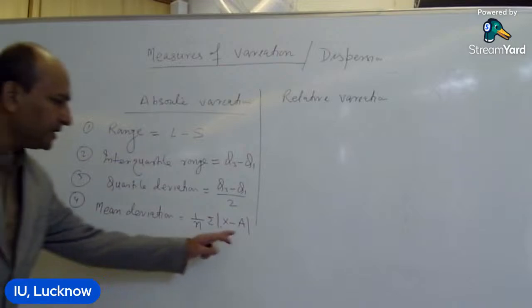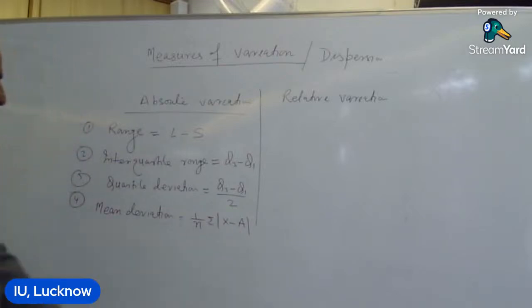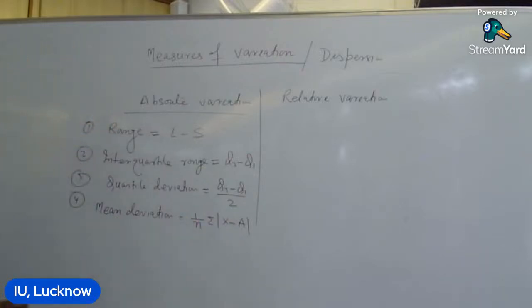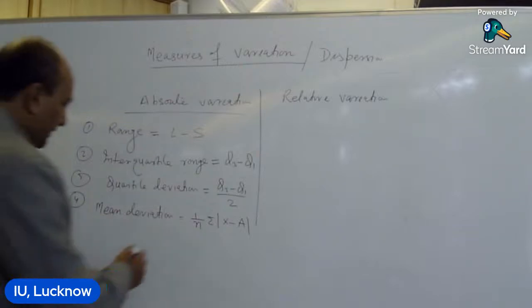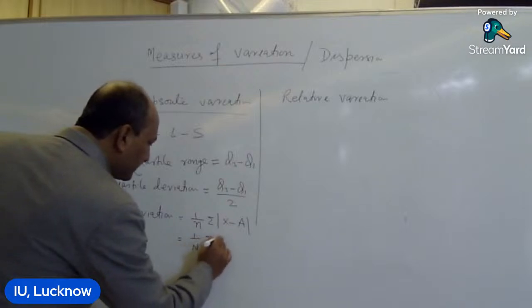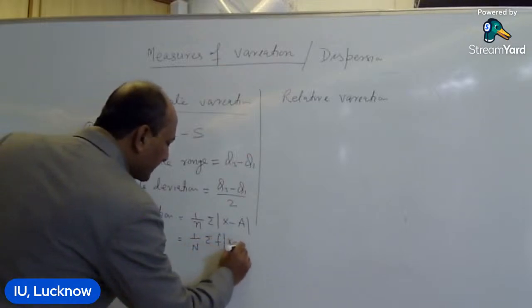It may be either mean, median, or mode, and we will take the mod value. This formula is used for the discrete case. We can also write it for the continuous case, and for continuous it will be 1 upon n summation f into mod of x minus a.